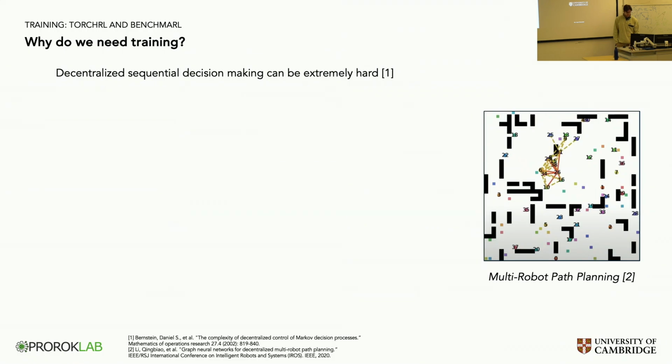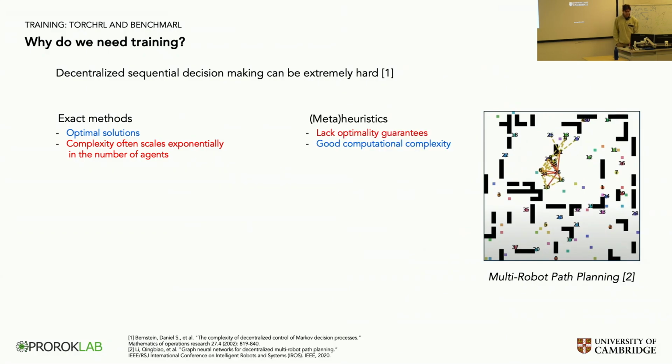One point is that centralized sequential decision making can be extremely hard. You can solve it with exact solutions, which are optimal but very expensive and scale badly in the number of agents, or you can solve it with heuristics, which have good complexity but lack optimality guarantees.